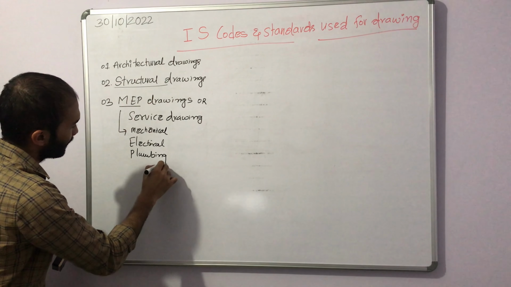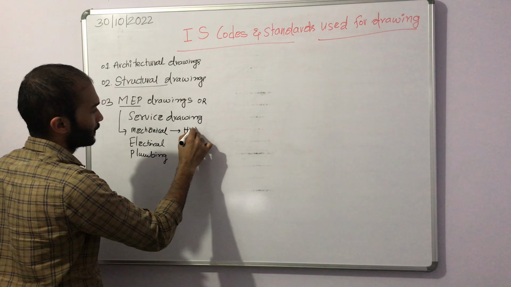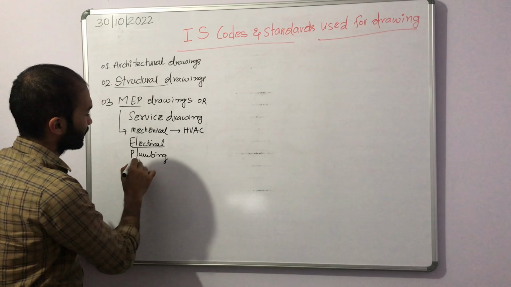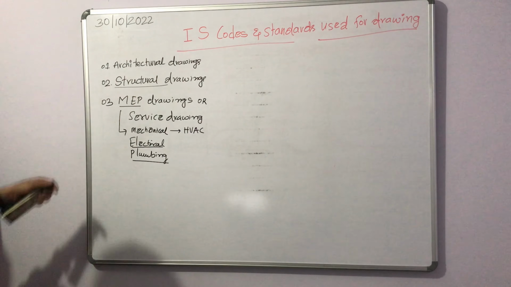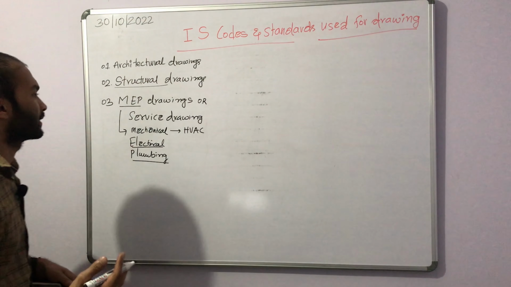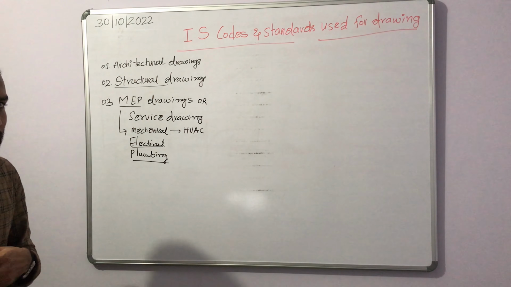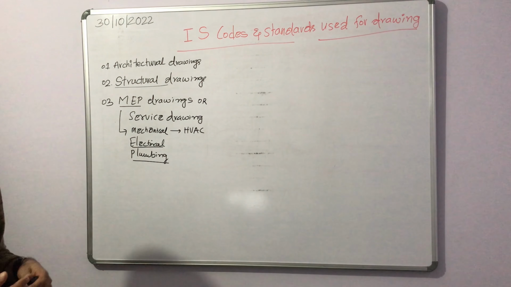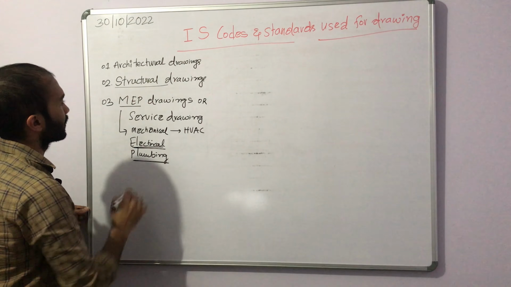Within mechanical we come across HVAC, then electrical drawings, and then plumbing. These are the subcategories: MEP drawings deal with the services, namely mechanical HVAC, electrical drawings and plumbing, and each has its own concerns and users.